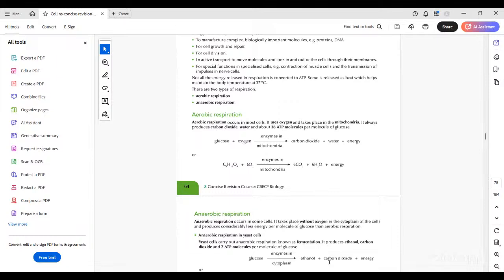Nice. So the name of the book is The Concise. What page is that? This is page 64.